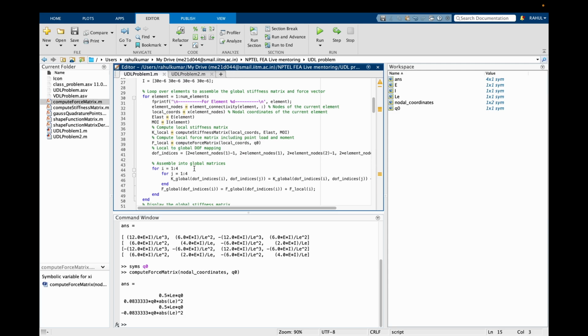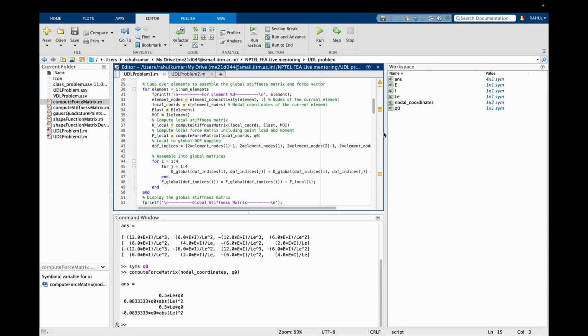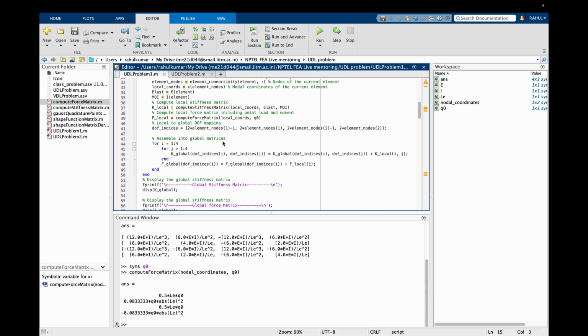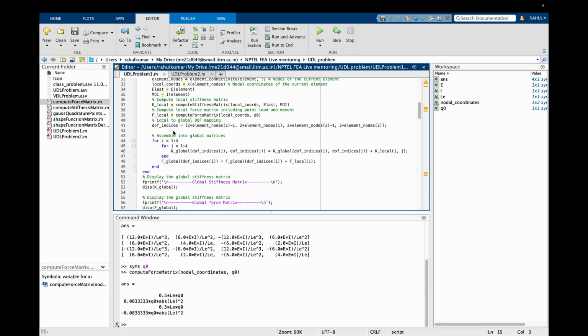First, for each element, it will take local coordinates, elasticity, and moment of inertia, then calculate the stiffness matrix, then go to the force matrix, which we already saw. And these are the indices for each element.